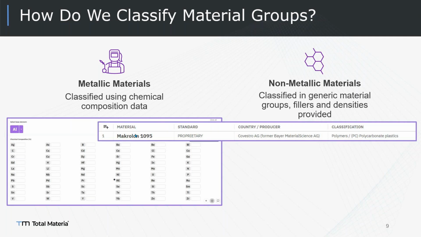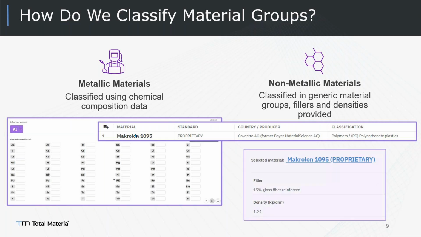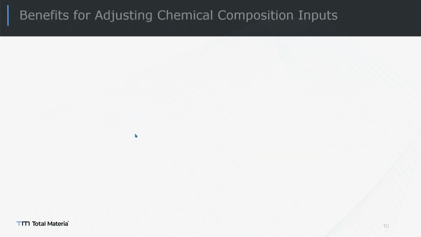So this is an example of Macrolon 1095. And then you'll see at the bottom here, once I select that material, you have a filler content, a density, and then if there's any other attributes, we add that information in. So then we could specify the material even further. It's just not specified by the chemical composition, but rather the material group.